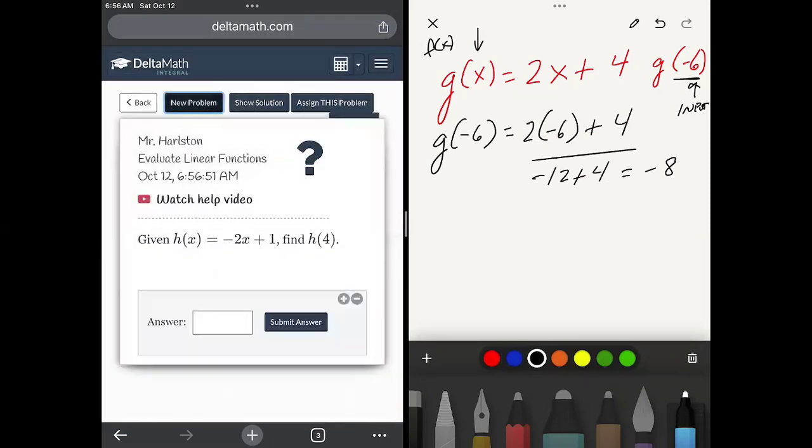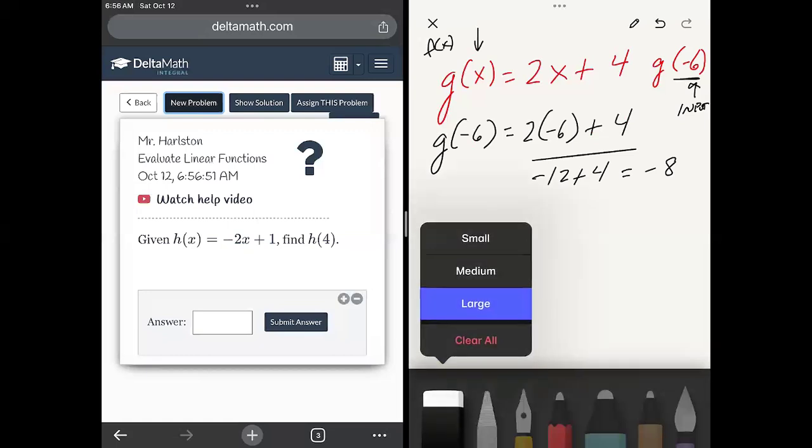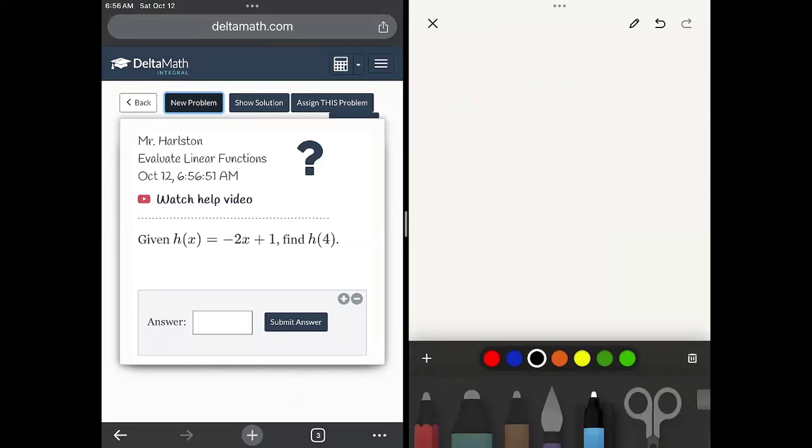Let's do another one. All right, over here, let me get rid of this. So the function that we're given is h of x equals negative 2x plus 1, and they want us to find h of 4. So everywhere that we see an x, we're going to replace it with parentheses 4.